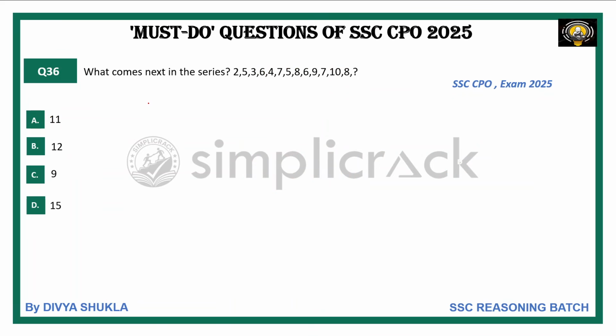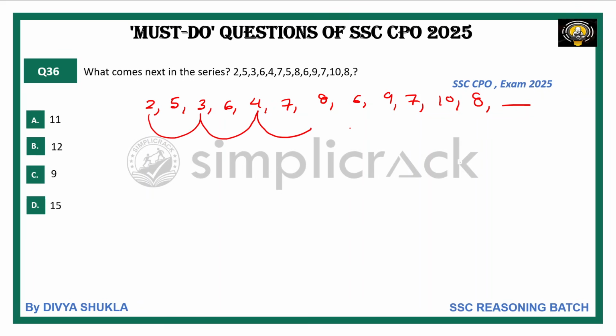Which comes next in the series? I have the series as 2, 5, 3, 6, 4, 7, 8, 6, 9, 7, 10, 8. If you check the alternate series, because it's a very lengthy series, you would have 2 to 3, 3 to 4, 4 to 8. 5 is missing here, so it would be 4 to 5.